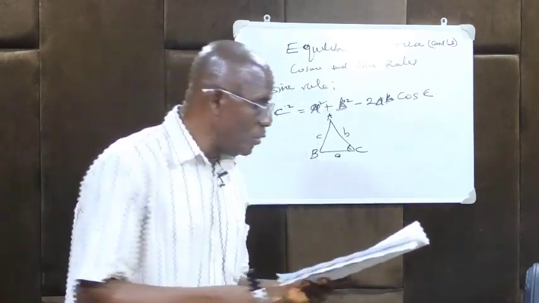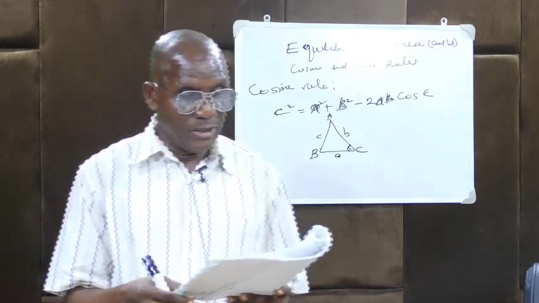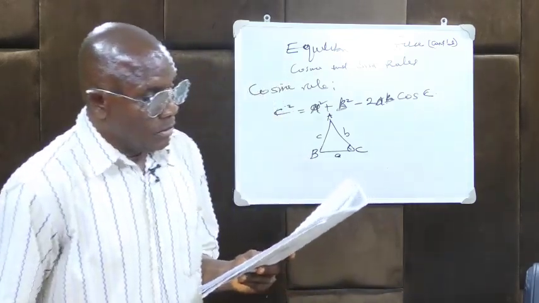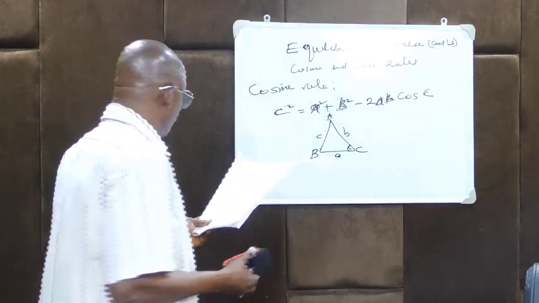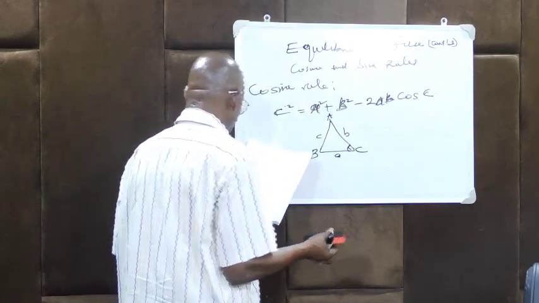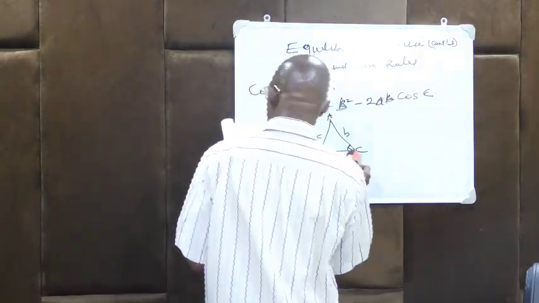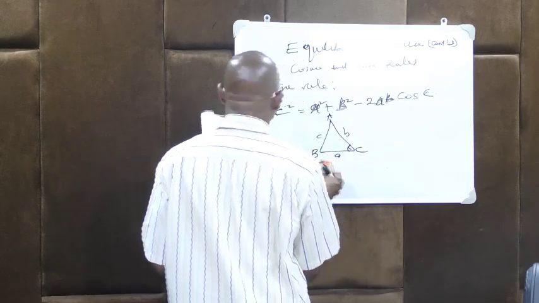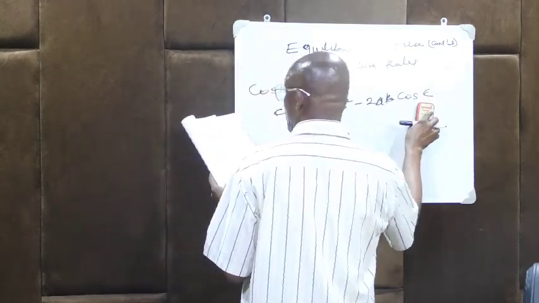Then let's go to the sine rule. What does it say? It says the ratio of the length of any side of a triangle to the sine of the angle opposite it is constant for all the three sides and angles of the triangle.